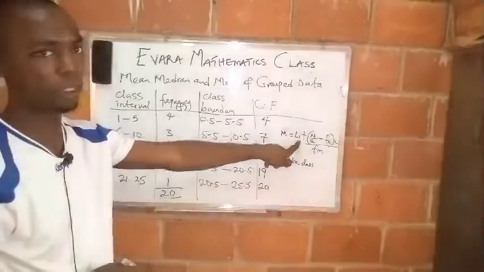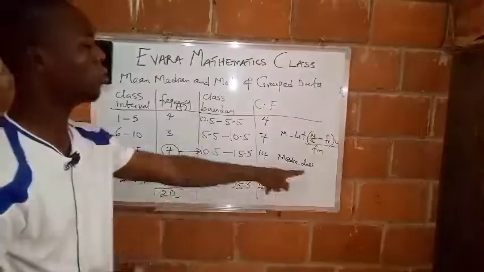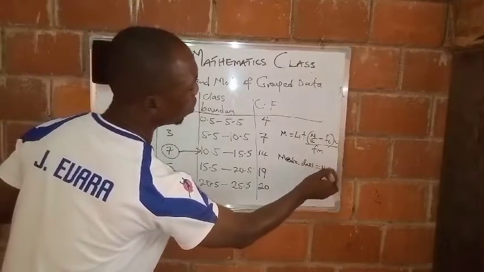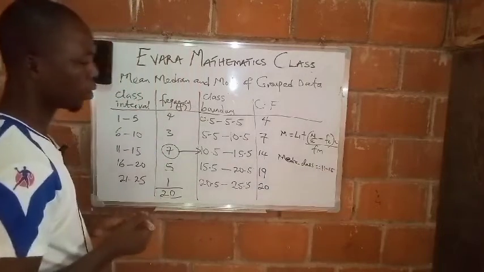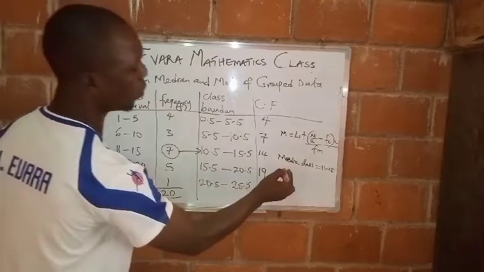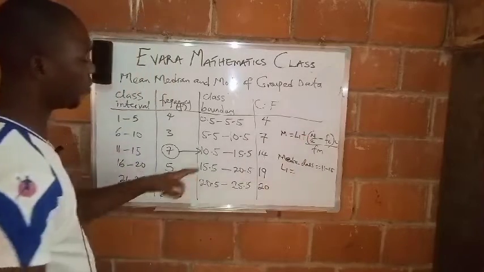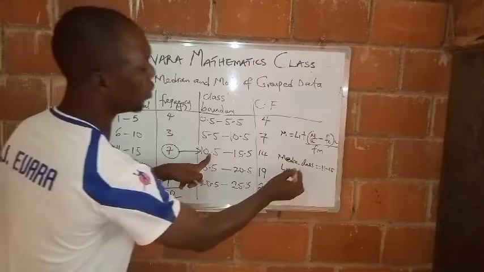So the median class is the class 11 to 15. L1 is the lower class boundary of the median class, and the lower class boundary is 10.5.